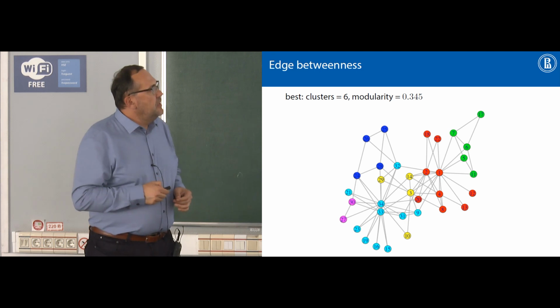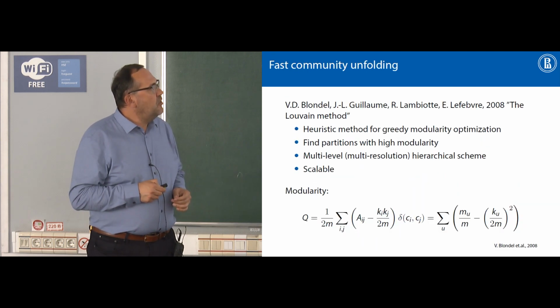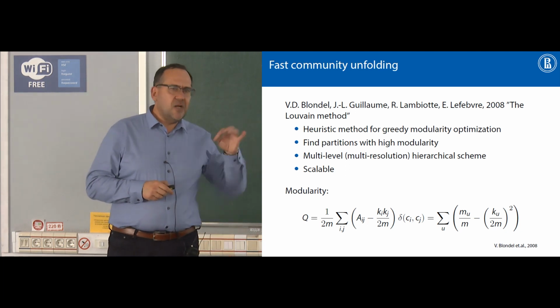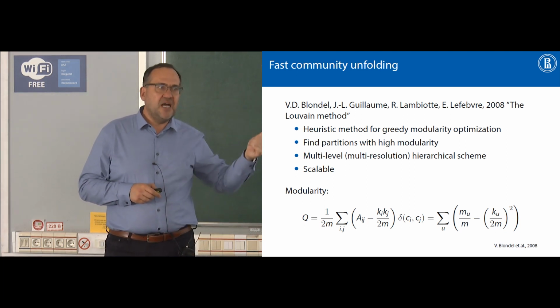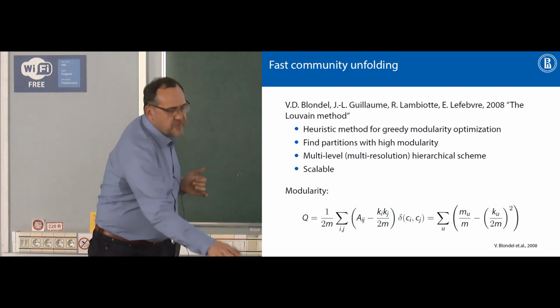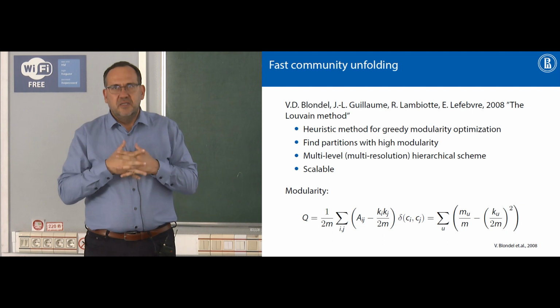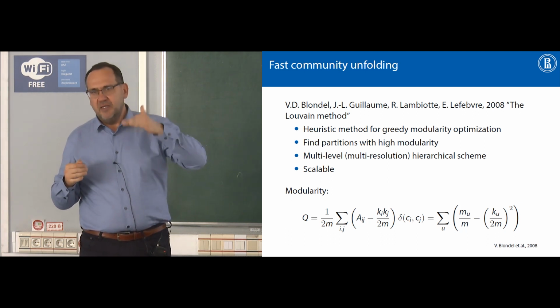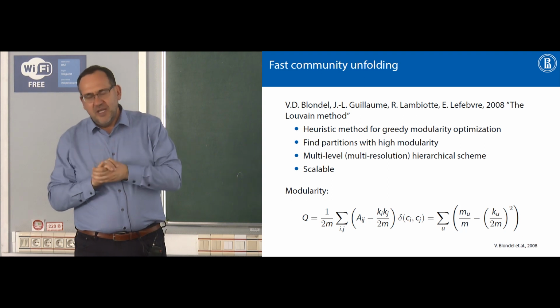Okay. Let's move on. I'm going to go over one more algorithm. Now the previous algorithm, edge betweenness, is kind of understandable, right? You can easily imagine how it works, removing edge after edge after edge.